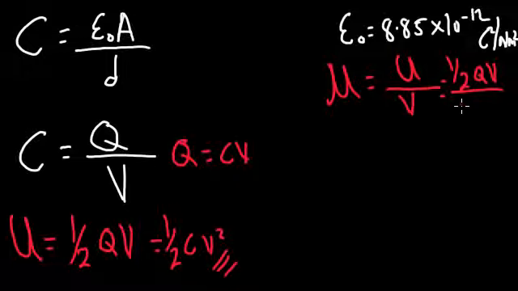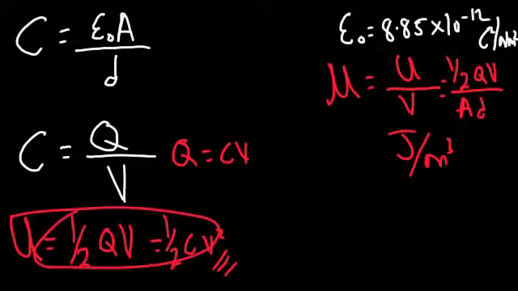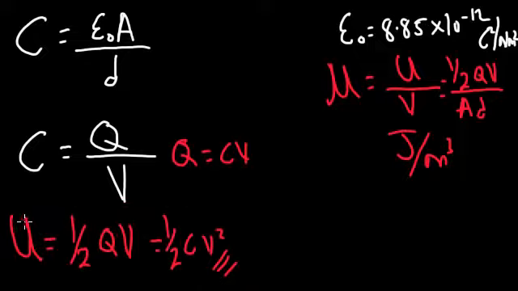The volume can also be called the surface area multiplied by the separation distance between the two metal plates or conducting material. So just have all this formula noted down. The energy density is measured in joules per meter cubed, and this is the difference compared to the electric potential energy of the capacitor.